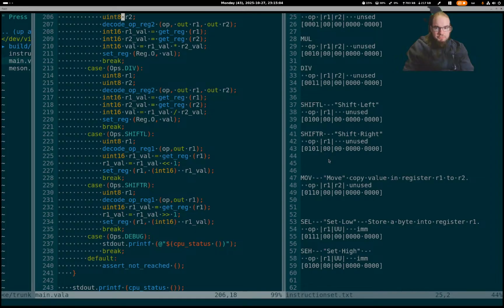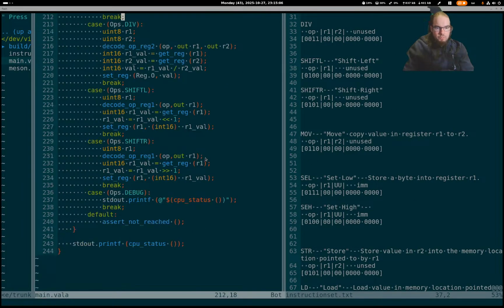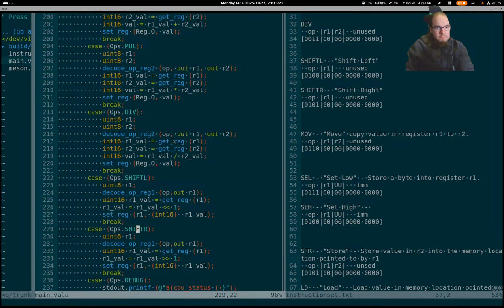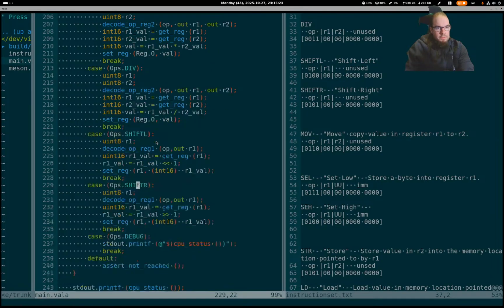After shift right, we have move. Move: copy value in register R1 to R2. So it's gonna be a decoder operator 2.